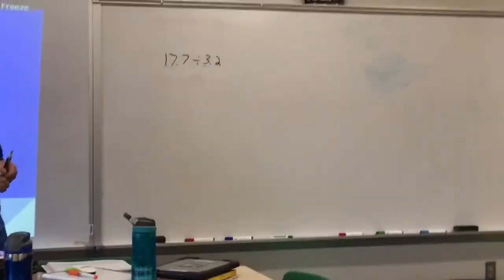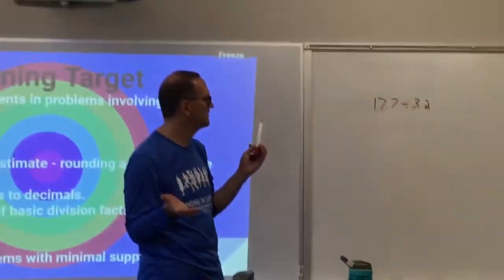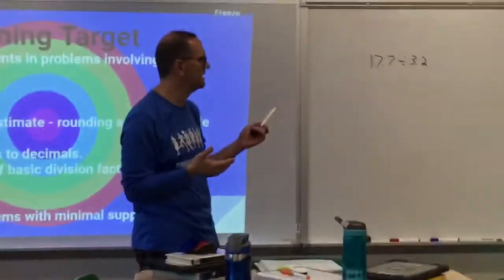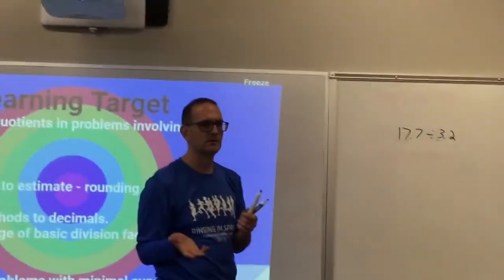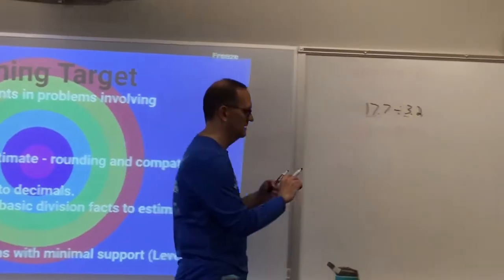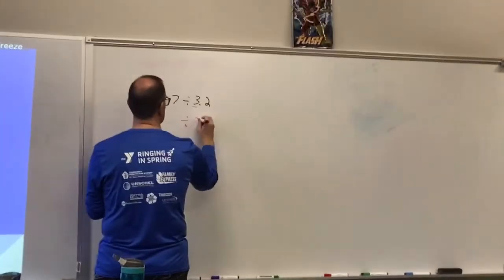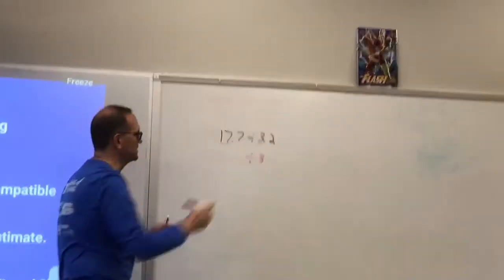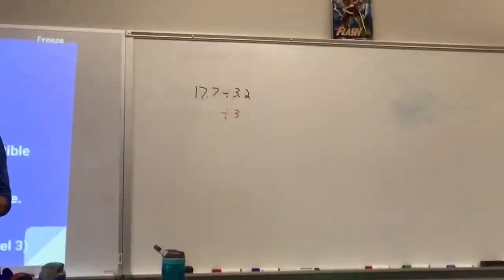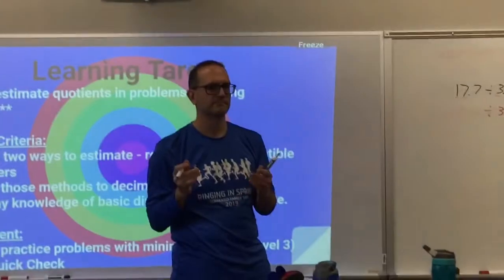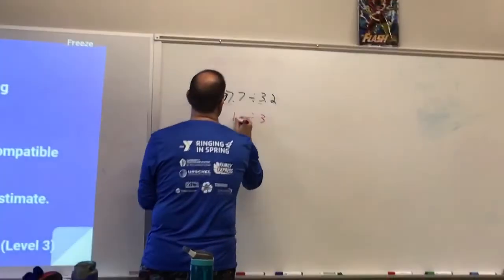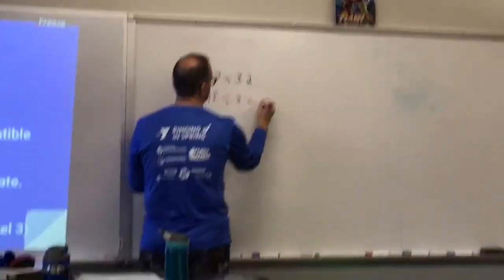Does it make sense to have the 3 2/10 be more of a 3 or more of a 4? What do you think? I'd say the 3, right, because we have 2/10, so we're down under. Now, what's close to 17 that we can divide evenly by 3? Yep, you got it, 18. 18 divided by 3 is 6.